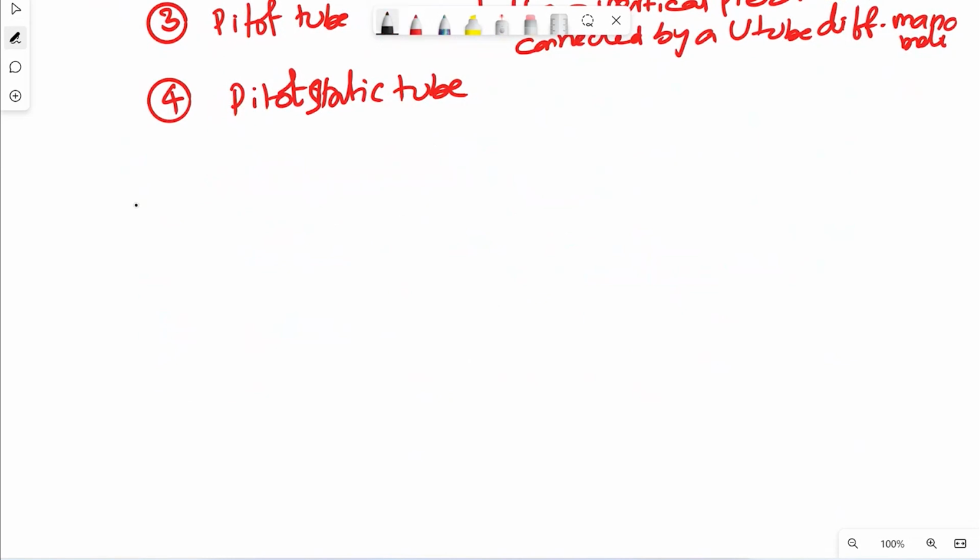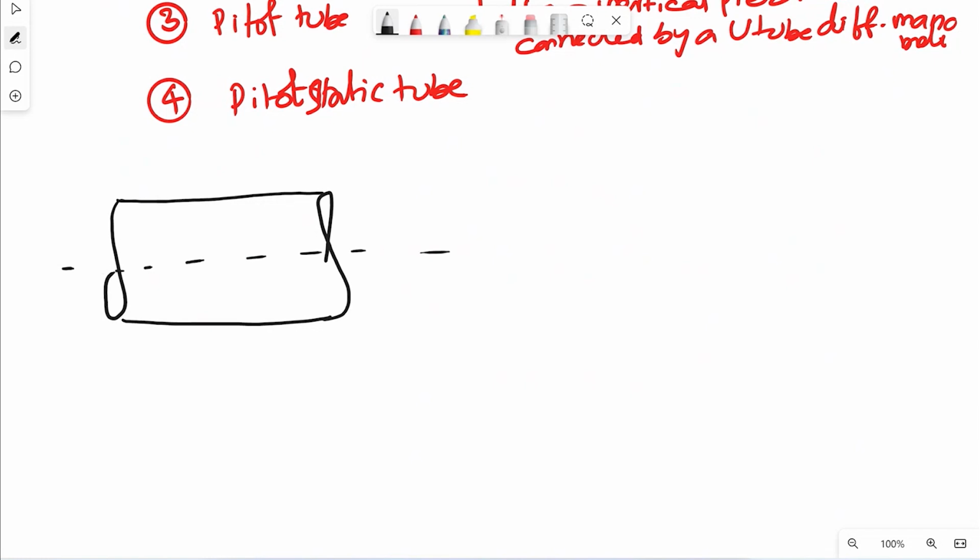For example, imagine that this is a pipeline, and this is the center line of the pipe. The first case is you insert a vertical piezometer here, then insert the pitot tube here.